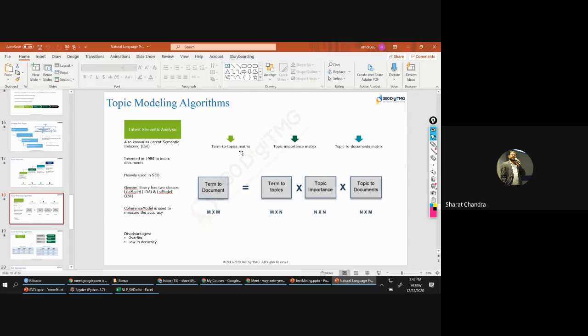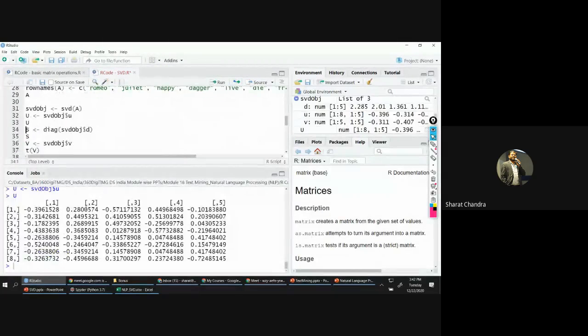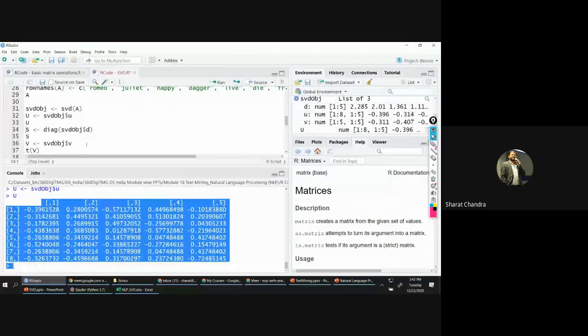And then the topic importance matrix is also captured, which is a diagonal matrix of topic importance. And then topics to documents is something that we have in the V transposed calculation. So this is U. We can see this is the result that we get.